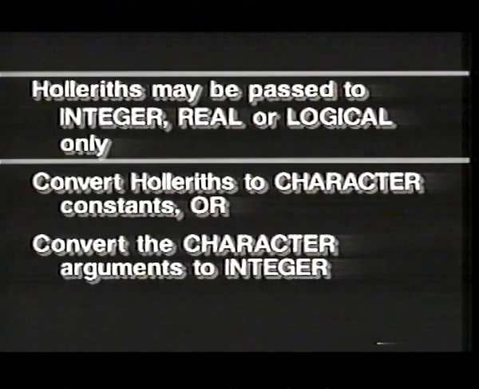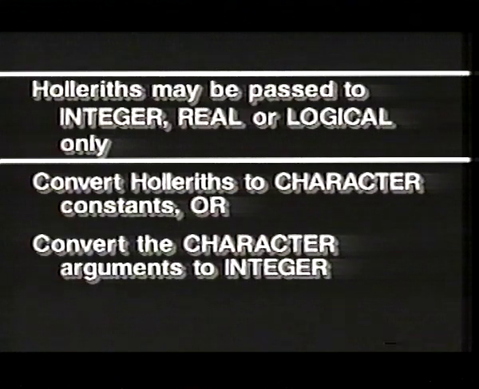Some users have had problems getting applications which pass holoriths as arguments to compile with the application compiler. How should they handle these? If a program passes holoriths as arguments to character variables, it is neither a standard conforming Fortran 66 nor a Fortran 77 program. The Fortran 66 standard didn't have character variables, and the Fortran 77 standard requires that holoriths only be passed to integer, real, or logical variables.